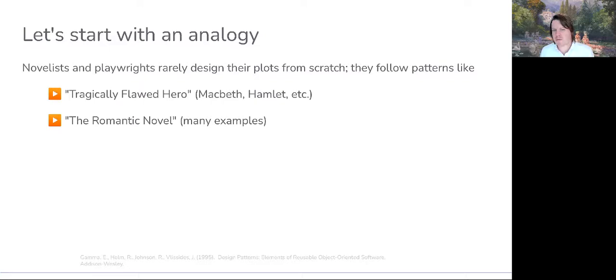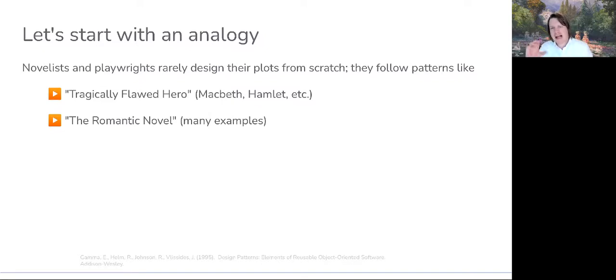Novelists and playwrights rarely design their plots from scratch. Instead, they follow patterns like the tragically flawed hero seen in Macbeth and Hamlet, or the romantic novel, just to name a couple of these patterns that appear. There's a number of different literary devices that can be employed by novelists and playwrights to achieve some sort of end.